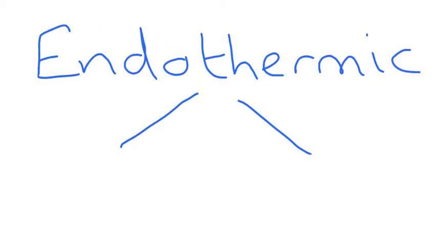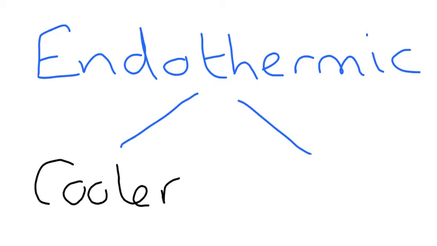On the other side are endothermic reactions, and endothermic reactions are reactions where instead of there being an increase in temperature, there is actually a decrease in temperature and the reaction actually gets cooler. It can be a little bit confusing, the next thing I'm going to say.